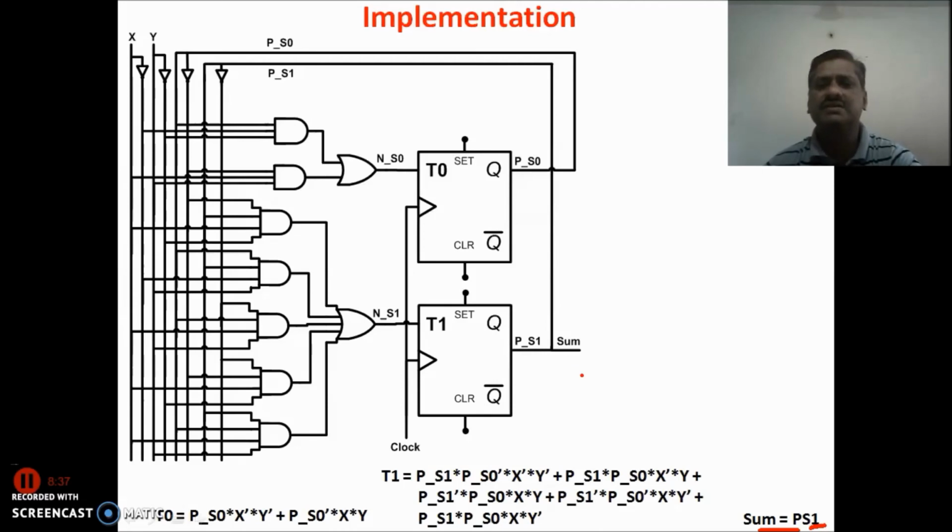These are the things for the implementation of the synchronous sequential circuit using the Mealy model as well as the Moore model. In the next video, I will discuss the sequence detector using the Mealy model and the sequence detector using the Moore model. I am taking these examples for Mealy as well as Moore in parallel, because one should understand the conceptual difference between the Mealy design and the Moore design.